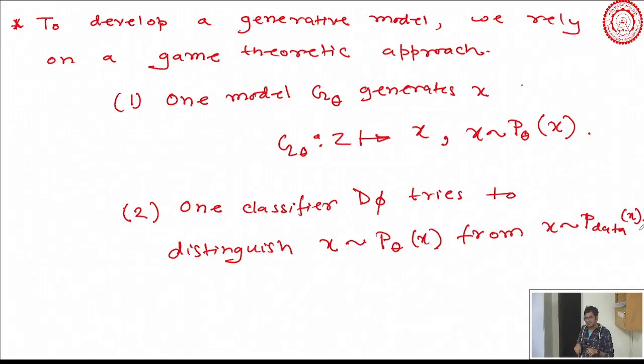And the discriminator is trying to catch the generator: I will not allow it to fool me. So it's a game between the generator and the discriminator, and that's why I use the term game theoretic approach. Clear? Any question?